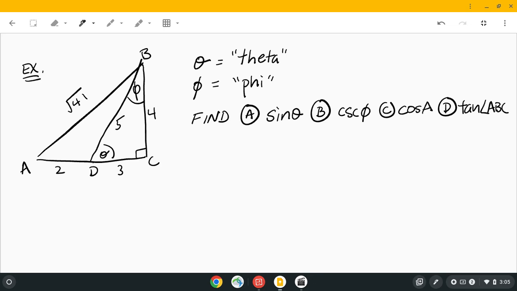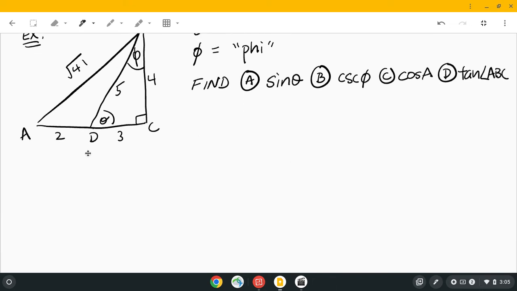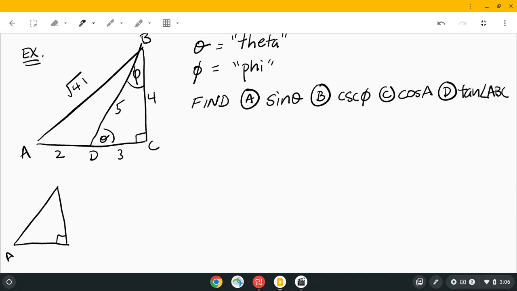All right, so what we actually have here are two right triangles, so I'm going to go ahead and draw them down here. We have the big triangle ABC, in which this is square root 41, this is 4, and down here is 3 plus 2, which is 5.